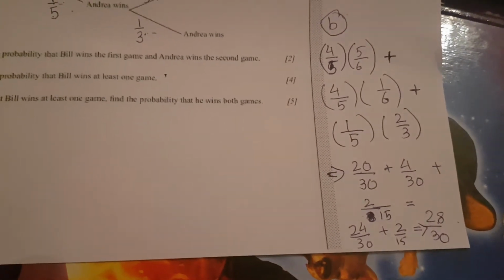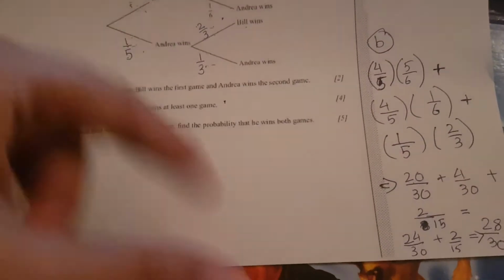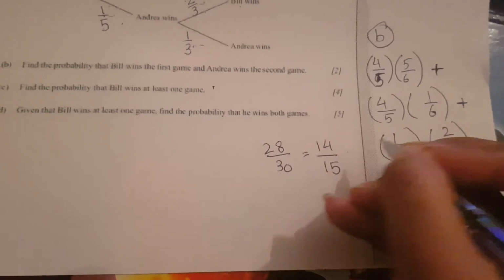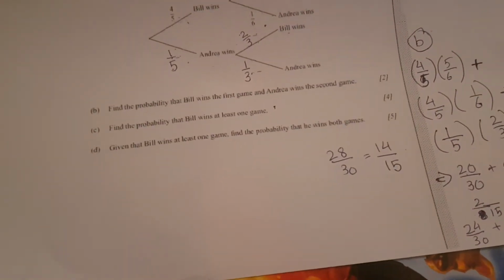So 28 over 30 is the probability. You can further simplify this: 28 over 30 equals 14 over 15. So the probability of Bill winning at least one game is 14 over 15.